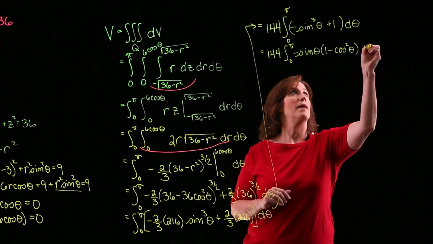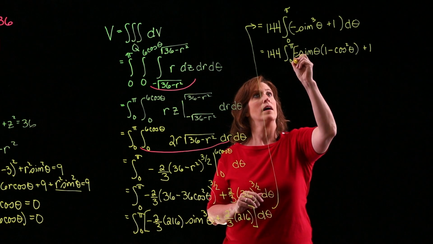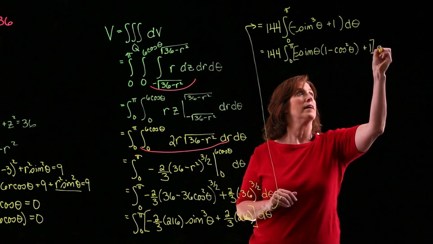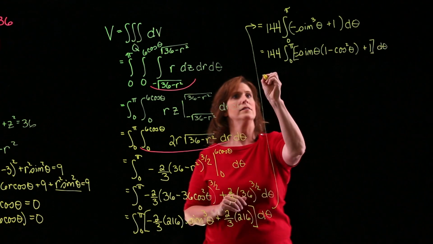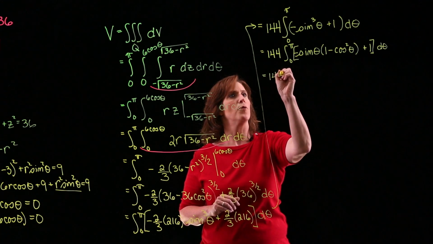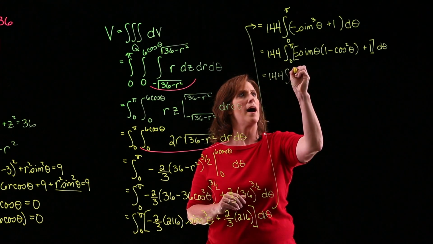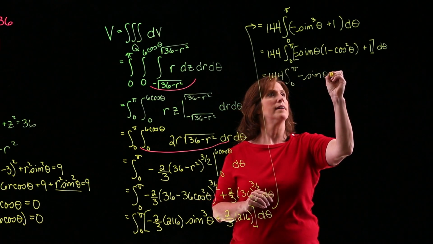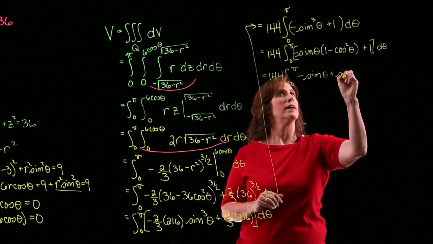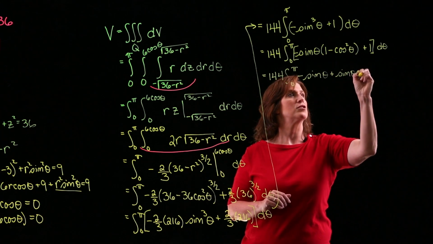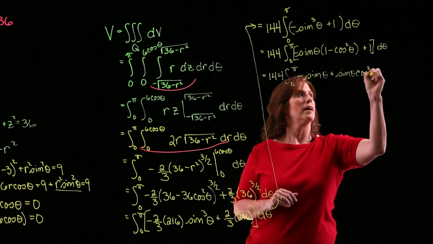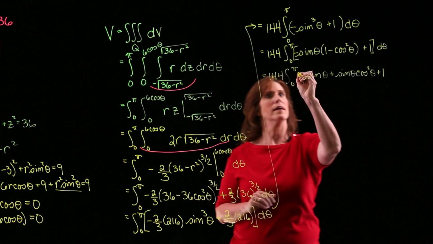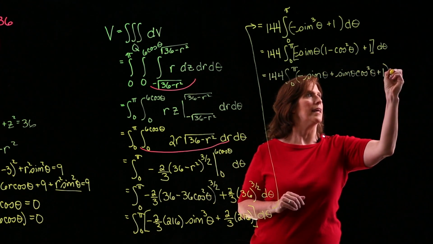And then I still have my plus 1 d theta. Okay, so I've got 144, the integral from 0 to pi. I'll have a minus sine theta plus sine theta cosine squared theta plus 1 d theta.